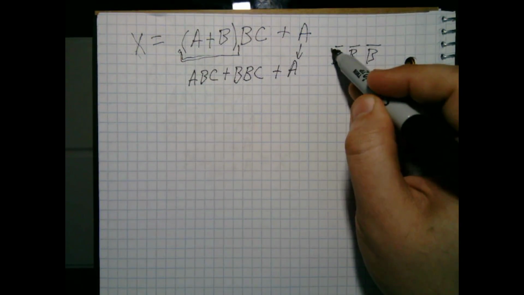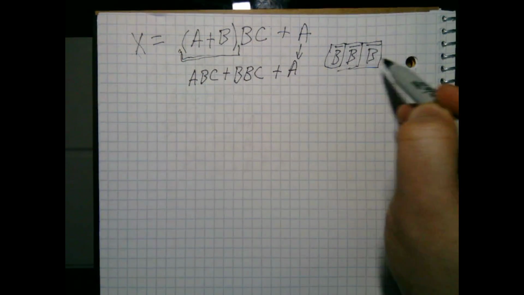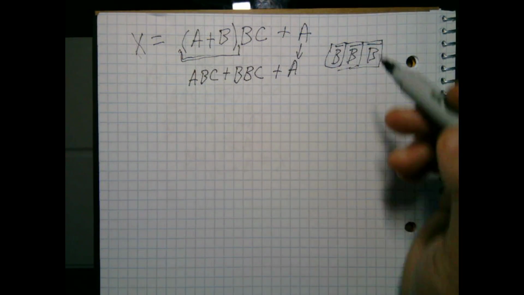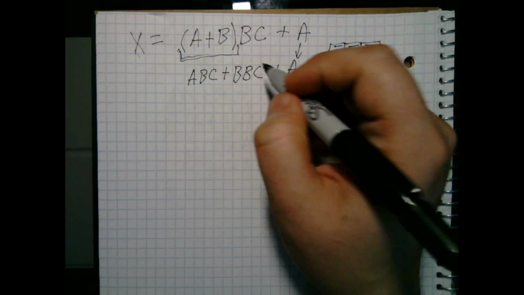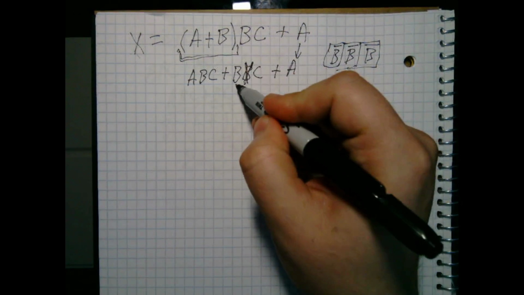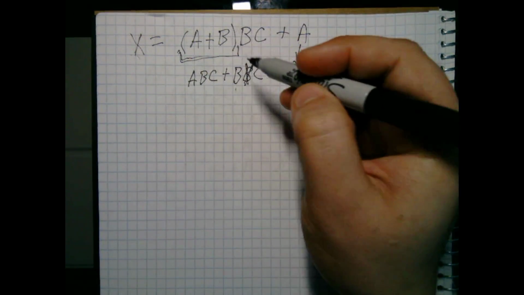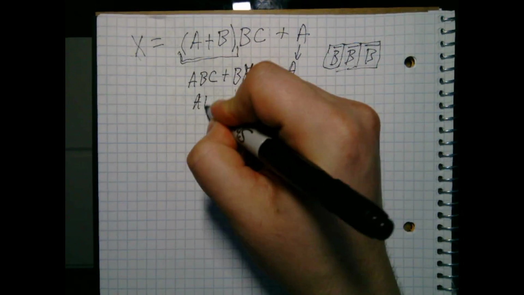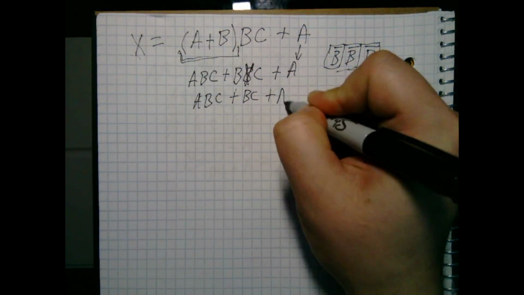As long as those individual values are identical to each other, we can cancel things out. And remember that anything ANDed with itself is always just itself, so we can actually just cancel out the duplicates, and we're left with just that single B. So now we have, let me just rewrite it, ABC plus BC plus A.